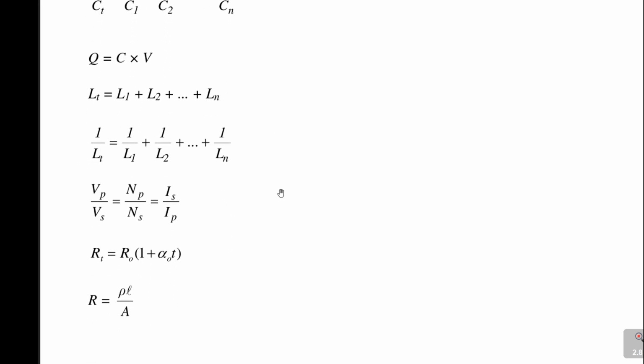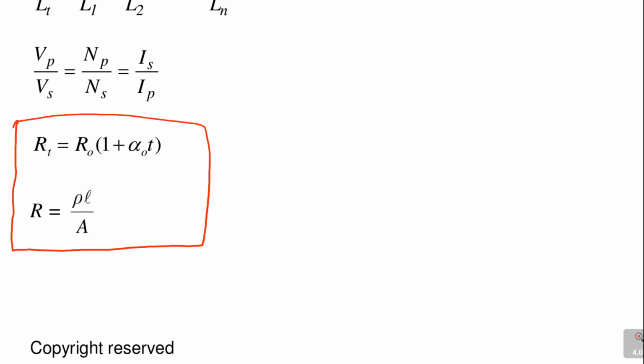I just want to show you 2 formulas which you must be very comfortable with, and you must never ever have trouble with them whenever you're dealing with this section of resistors. The first one involves temperature.